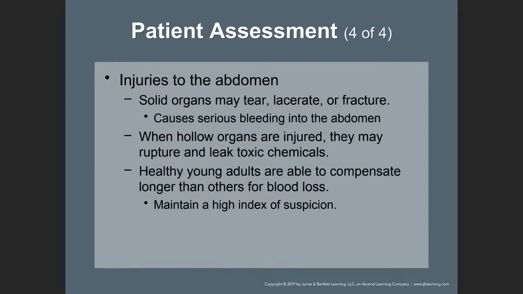You're going to use the largest IV catheter that can fit in that patient's vein. When hollow organs are injured, they may rupture and leak toxic chemicals. Healthy young adults are able to compensate longer than others for blood loss, so maintain a high index of suspicion.